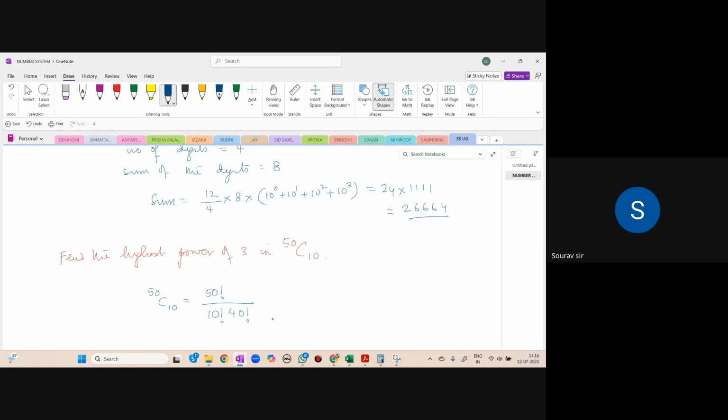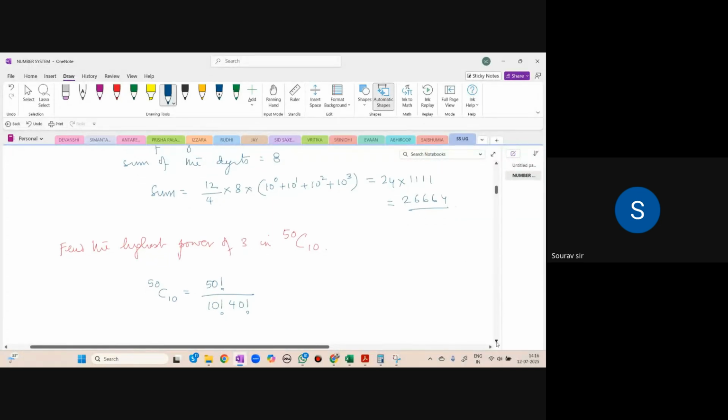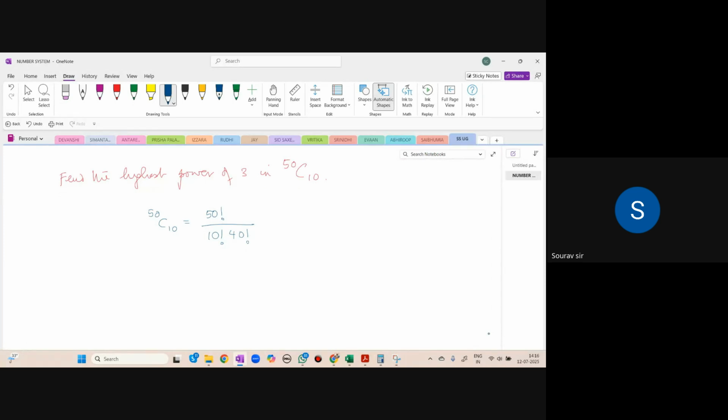So you have to find the highest power of 3 in 50 factorial, highest power of 3 in 10 factorial, highest power of 3 in 40 factorial. How do you find the highest power of 3 in n factorial?